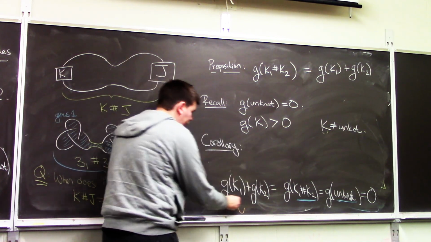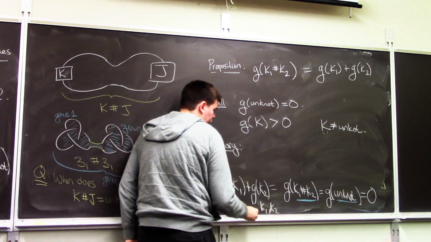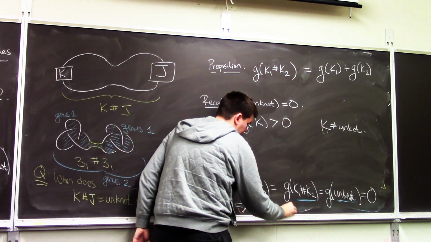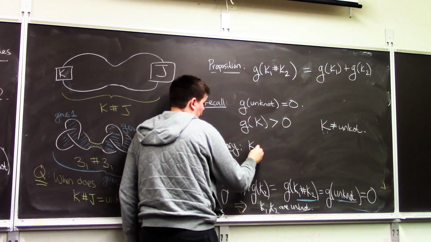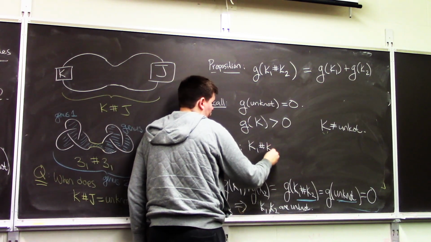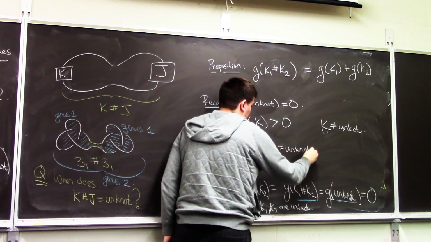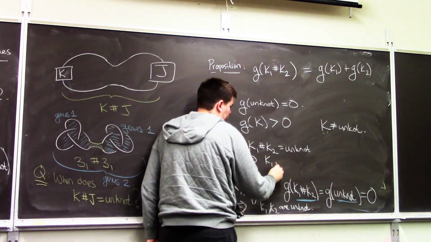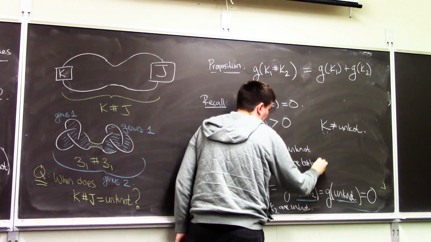That would imply that K1 and K2 must both be the unknot. That is, we just showed that K1 connect sum K2 equals the unknot if and only if K1 and K2 are both the unknot.